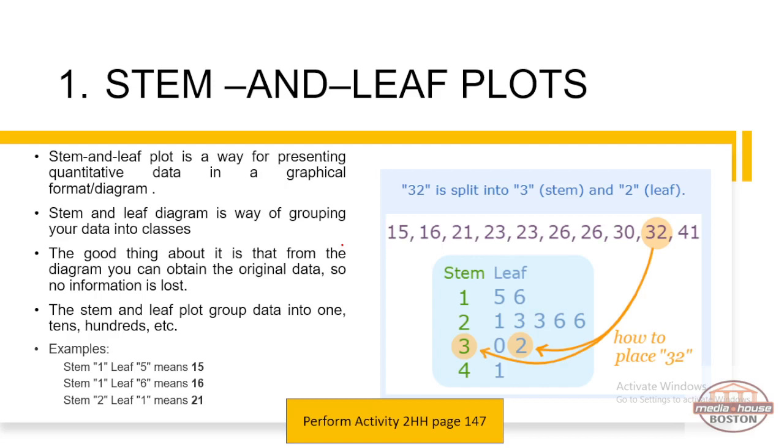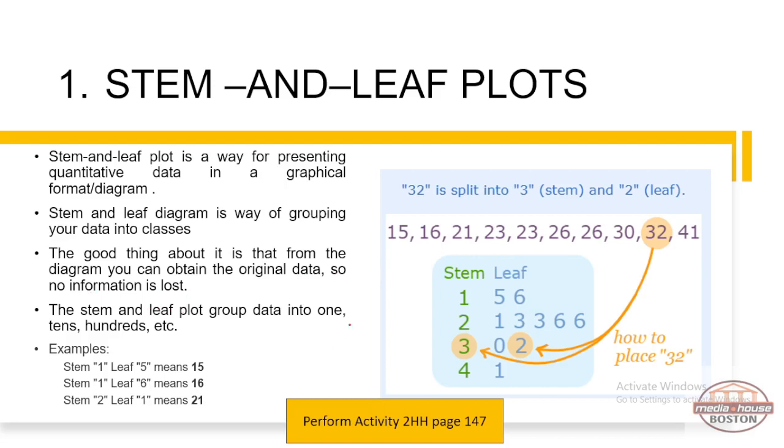The good thing about it is that from the diagram you can obtain the original data, so no information is lost in the presentation of a stem and leaf plot.